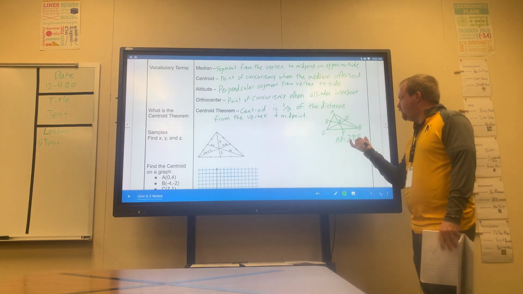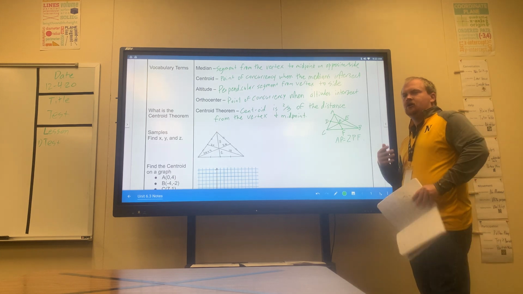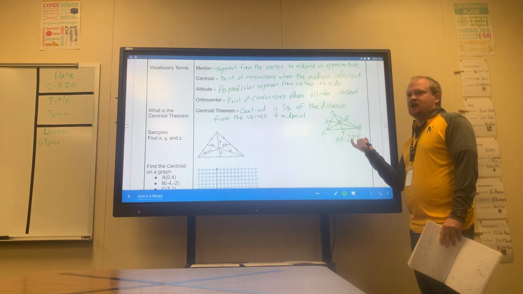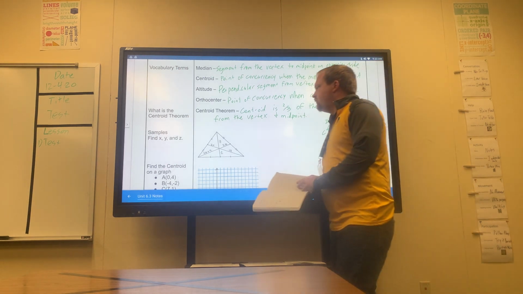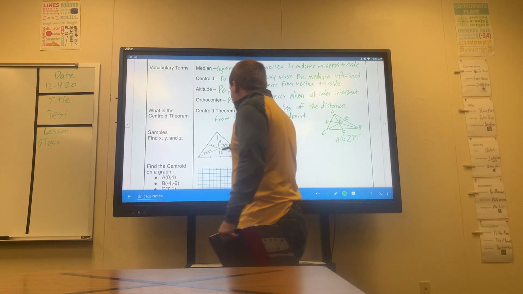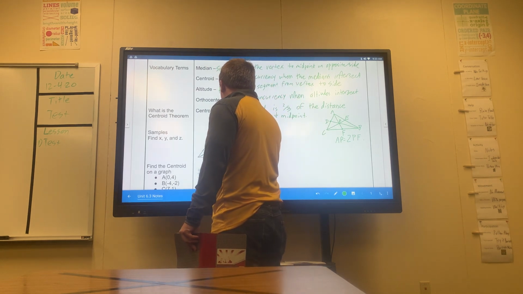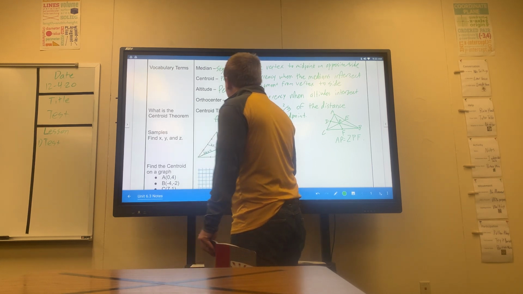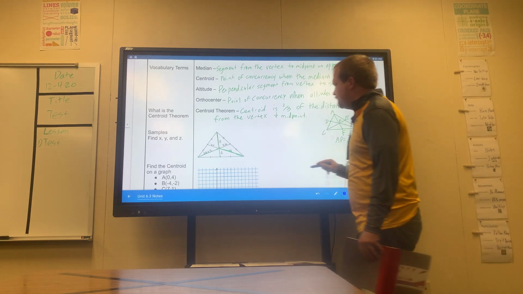Well, I have to double this length to get to AP. This is twice as big, so I have to make this 2 times bigger. So right here, here, and here, those are double this length in blue.